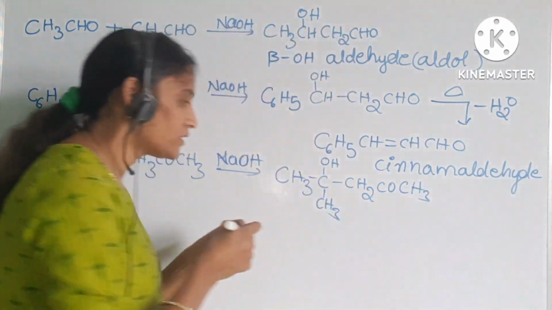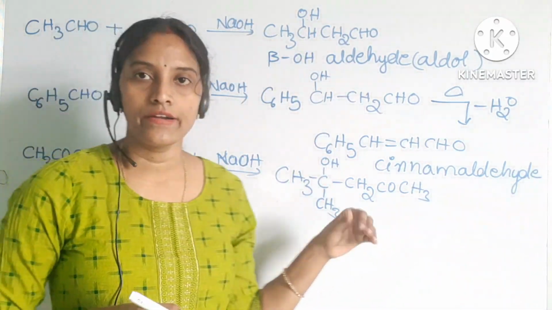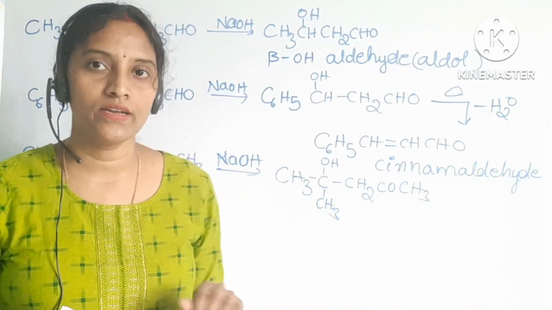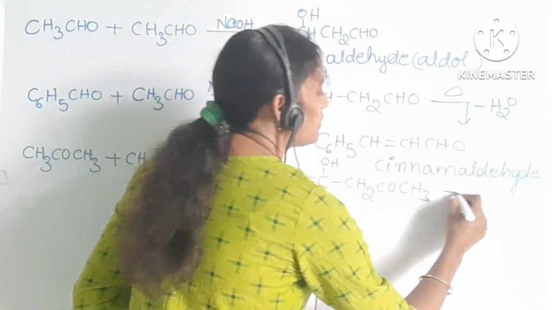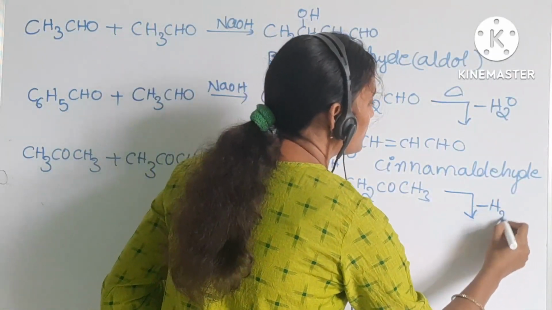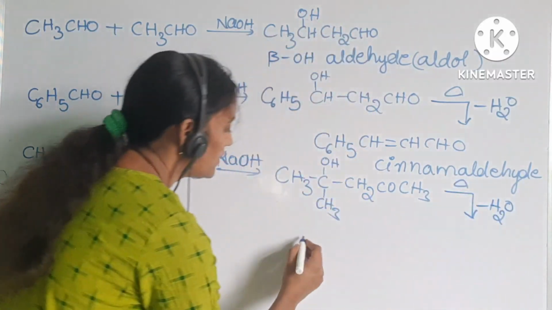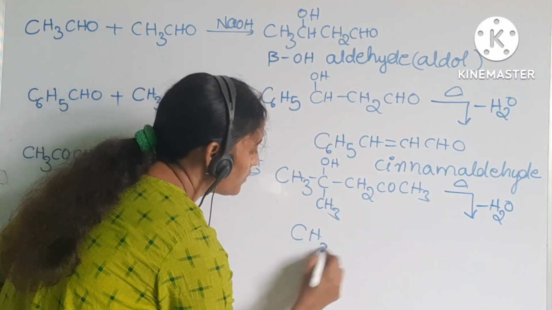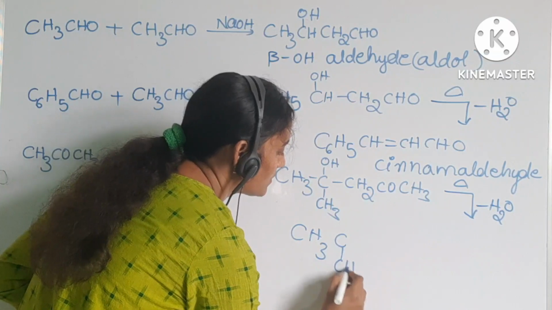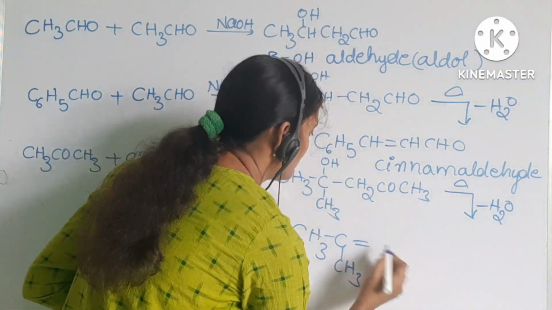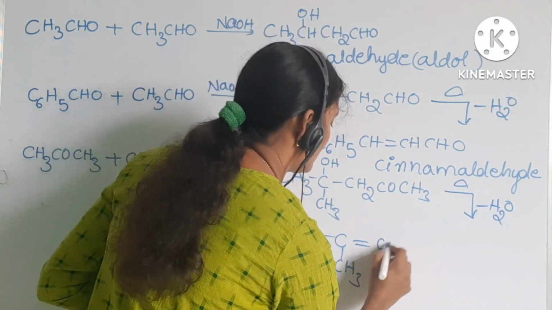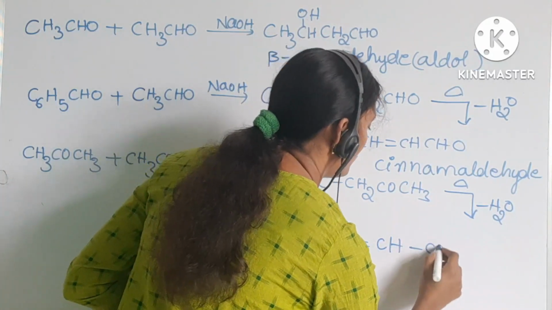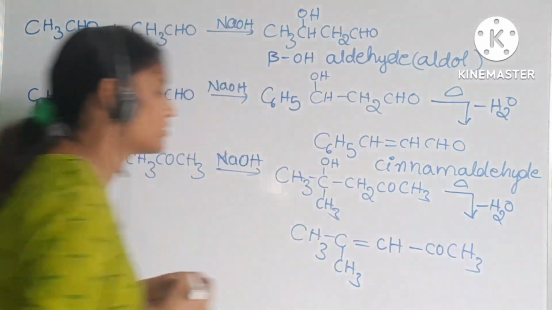Here also, this is an unstable one and cannot be isolated. If you provide heat, here also dehydration takes place during heating. Then here also a double bond will be generated. CH3 CHCO CH3. See, this is the product.